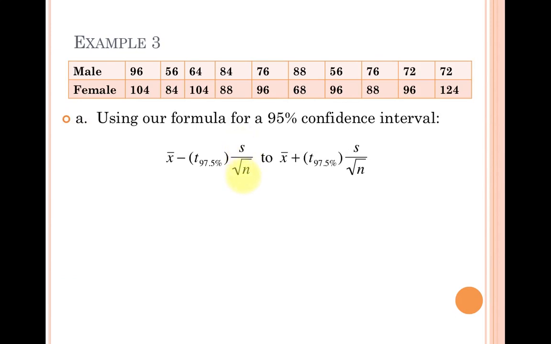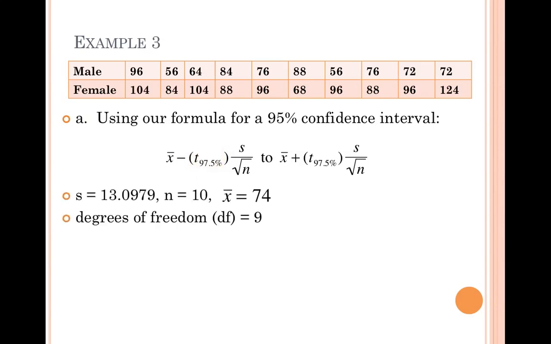And n is 10. You're going to go to the t-distribution chart to find out what the t-score is. So you go to the column labeled t 97.5, which will give us t-scores for a 95% confidence interval, and you go to the row with a degree of freedom of 9, because degrees of freedom is n minus 1.